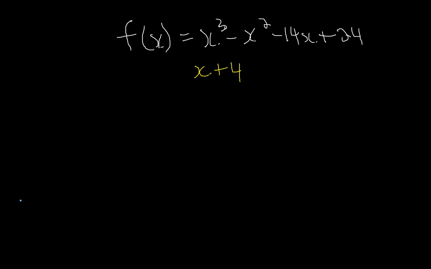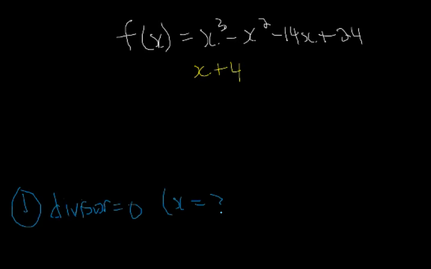Well, we know the 2 steps. The first one, you want to put your divisor equal to 0. And what does that do for you? Well, it helps you to find the value of x. Then using this value of x, you could substitute it into the given function, and that would help you to find the remainder.